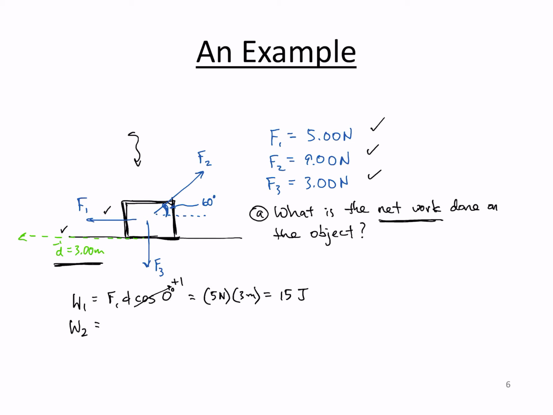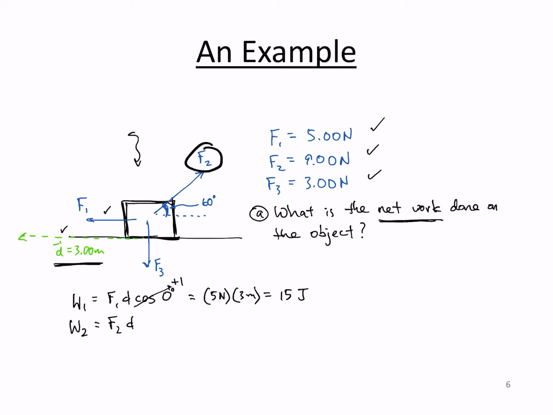And we can already see that W2, the work done by force 2, is potentially going to change our calculation of the net work, because at least a piece of that force acts in opposition to the direction of its movement. So let's take a look at it. We've got F2, we know its magnitude.